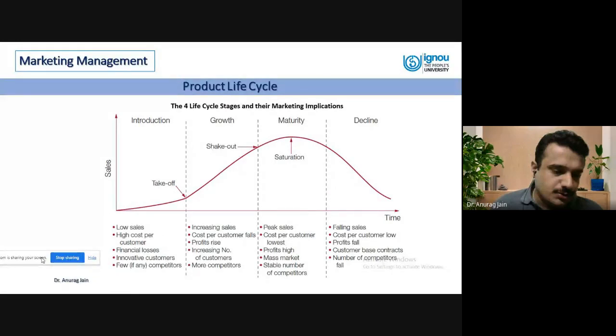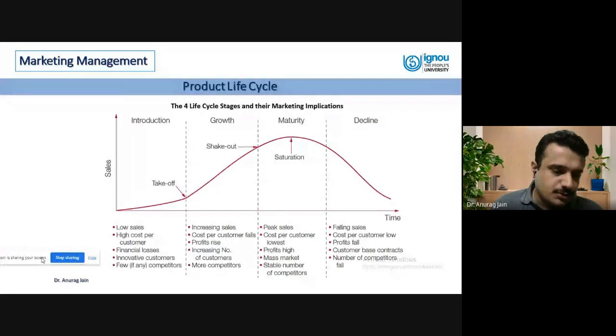There will be a very high cost per customer, because you are putting lots of effort and money into promotion and marketing, and financial losses may also happen. The price at which you are offering your product won't get recovered so easily.